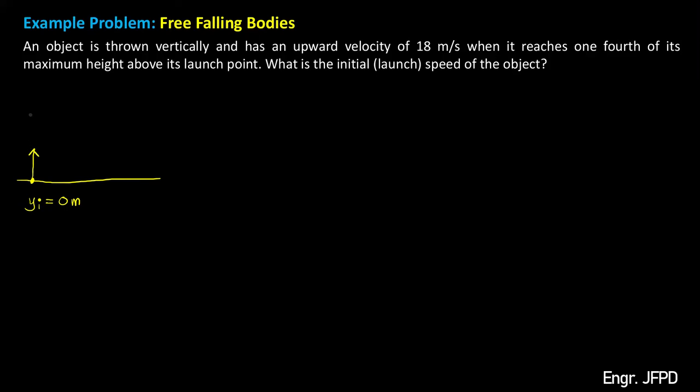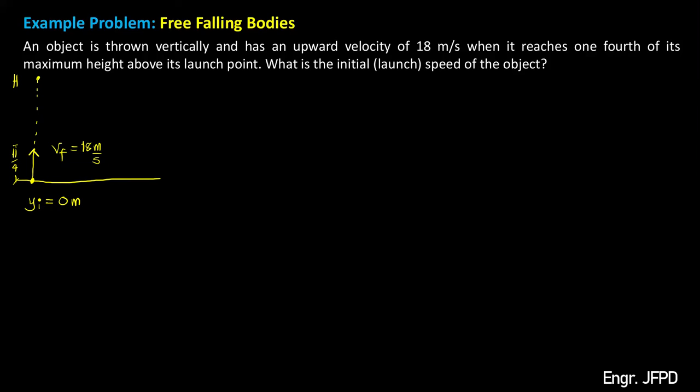After a certain time, it will reach one-fourth of its maximum height, and at this point the final velocity of the object is equal to 18 meters per second. Then, the object will reach a maximum height of h. This is the maximum height of the object, which is h from the ground.